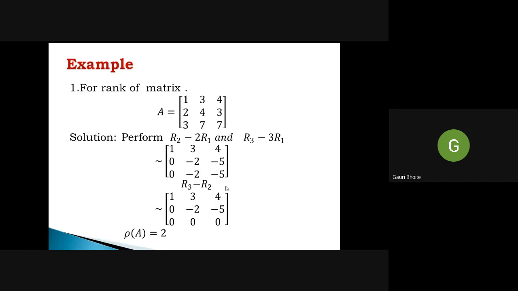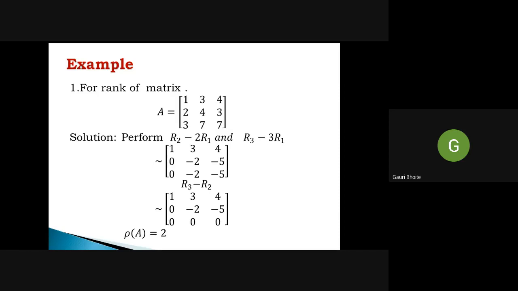Now if you observe, this equivalent matrix obtained from A is the row echelon form of A. Again it is an upper triangular matrix, all elements below the diagonal are 0.